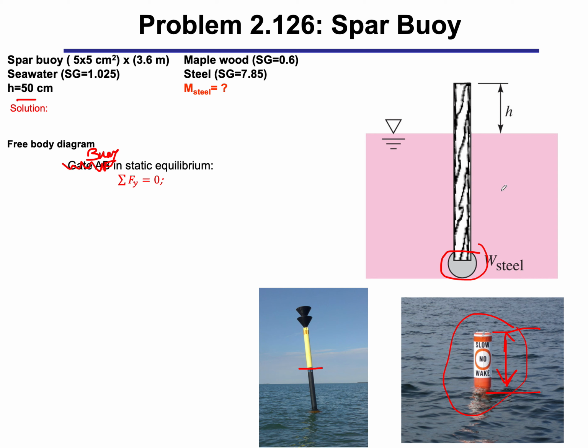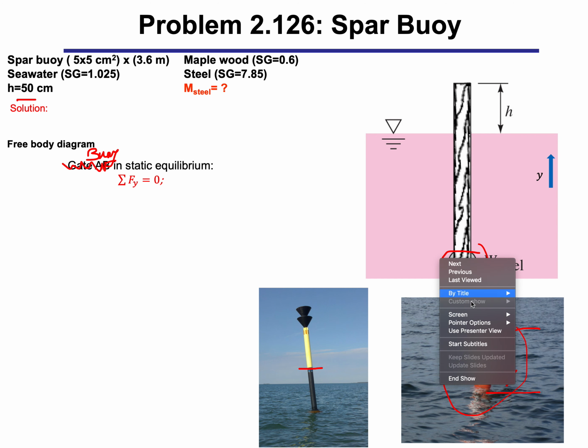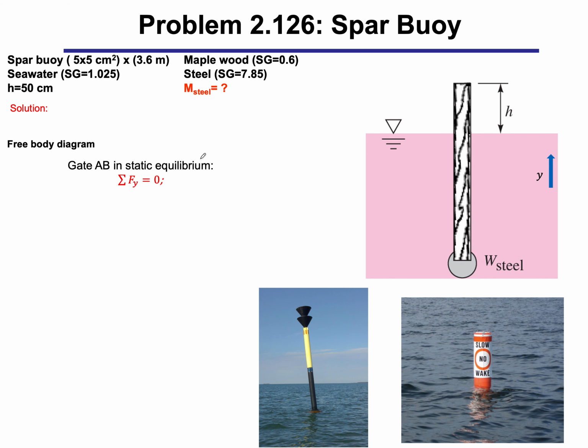So the summation of forces in the y is 0. So this is our coordinate system y. So what are the forces? Now the question is, what are the forces acting on my spar buoy, which we're taking to analyze.